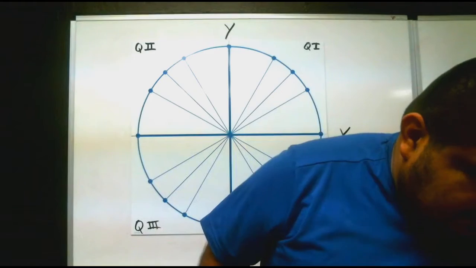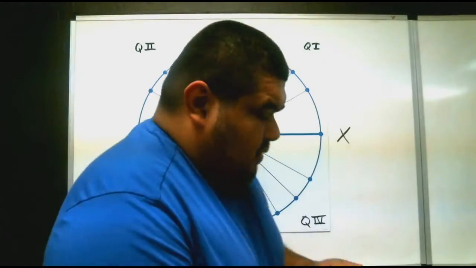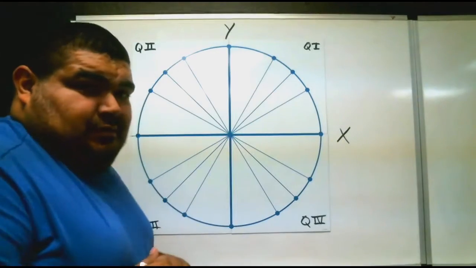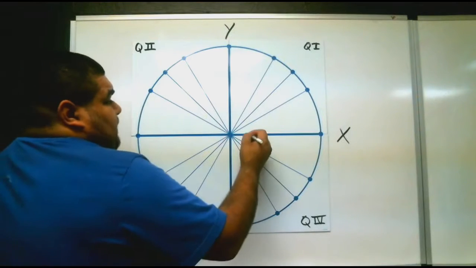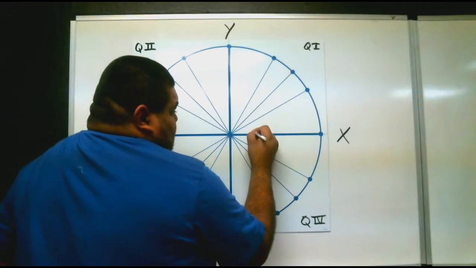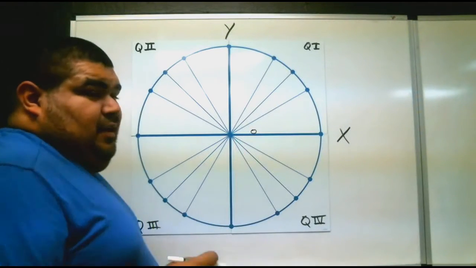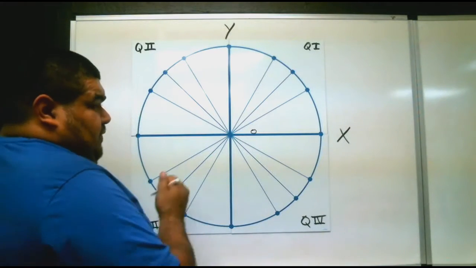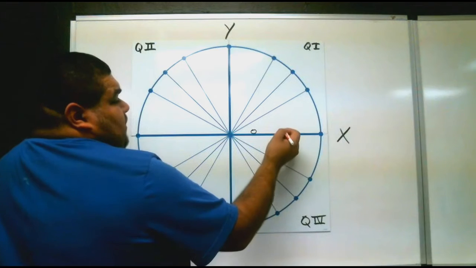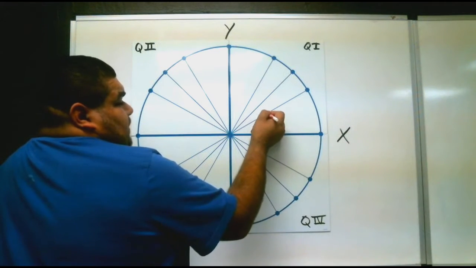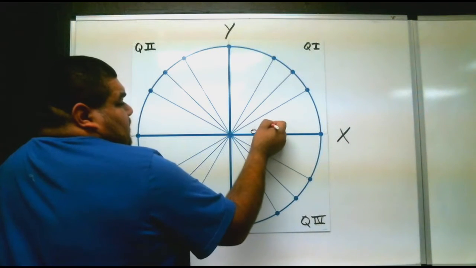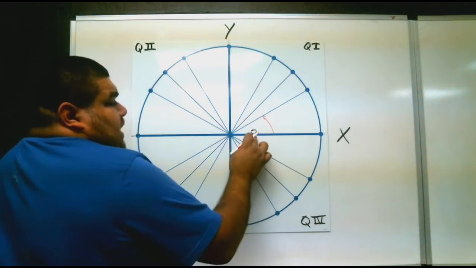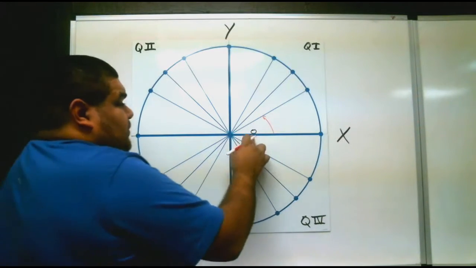The rule when dealing with degrees is that we start off at 0 degrees. The next rule is, from the origin, from your horizontal line to your first line, you add 30 to 0.